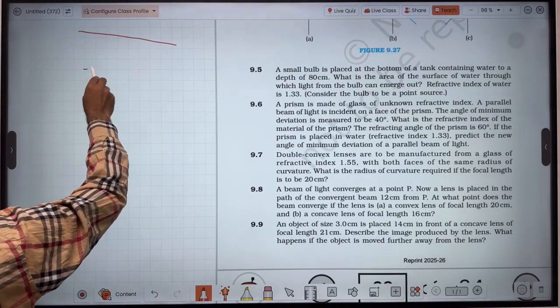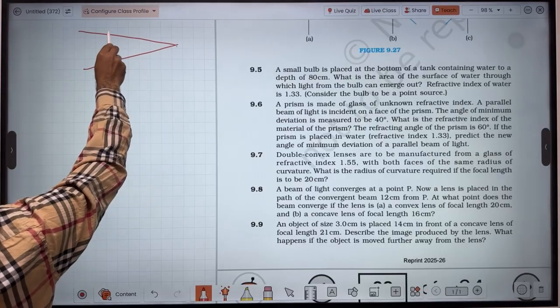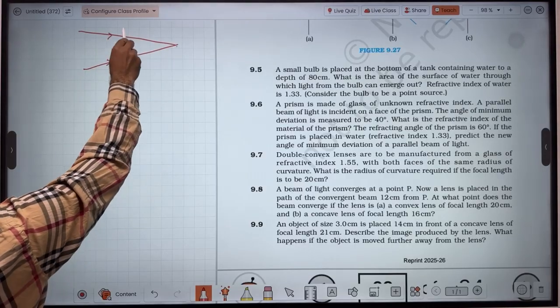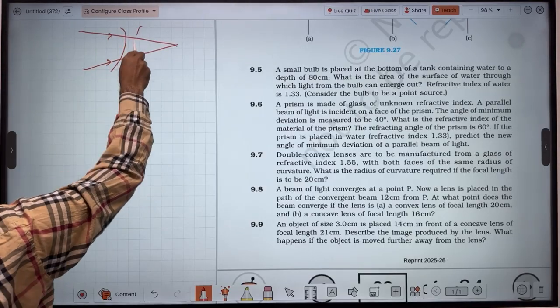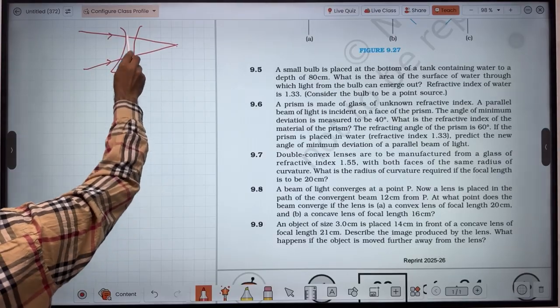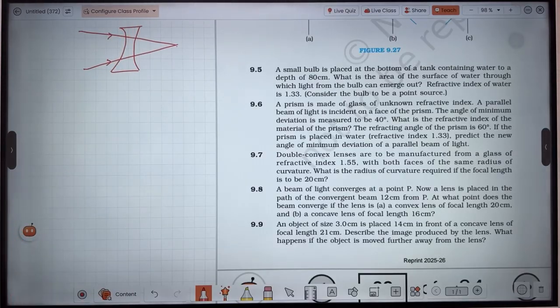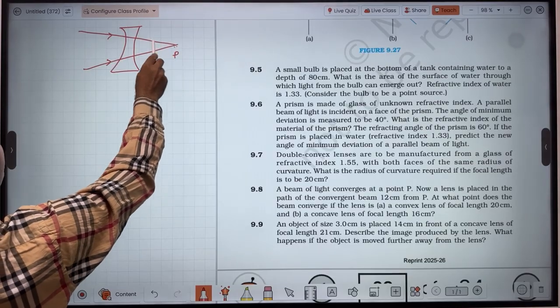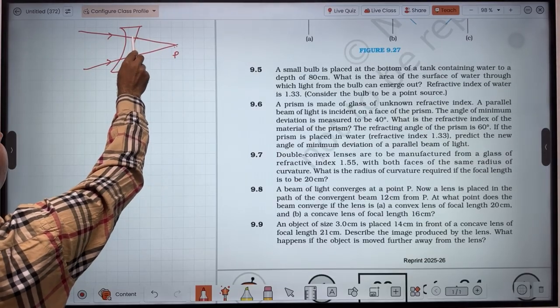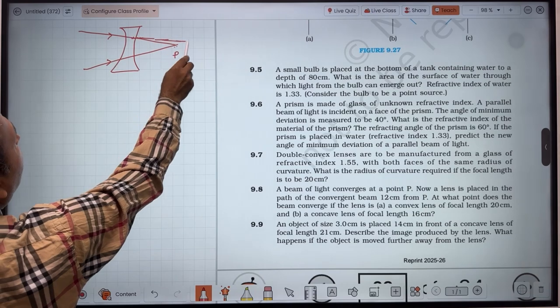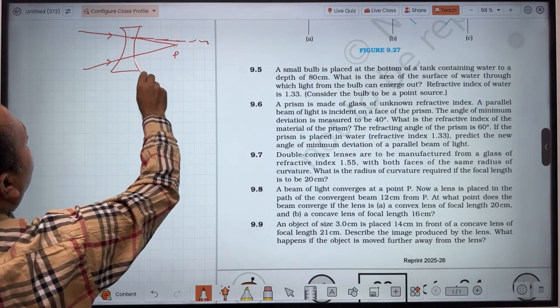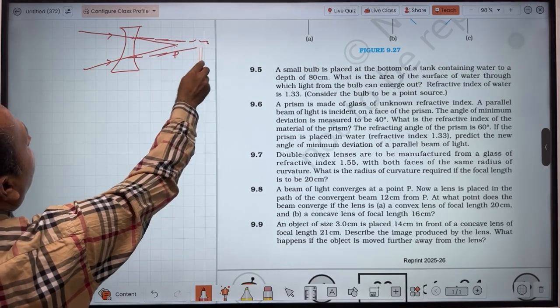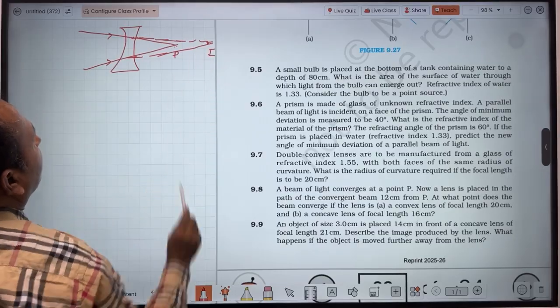These two rays are meeting here at point P. Now if we place a concave lens, instead of meeting at this point, these rays will diverge and they will meet somewhere here. This is I.